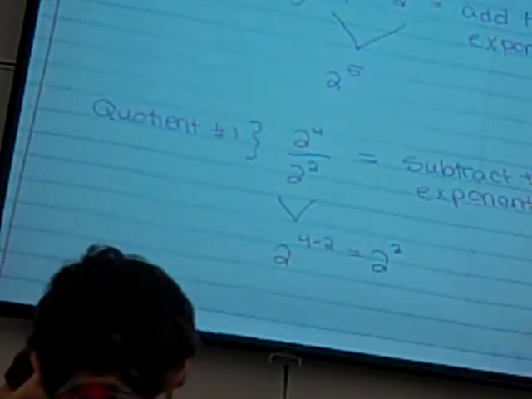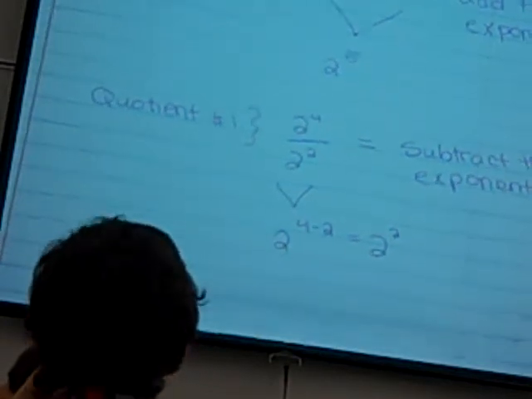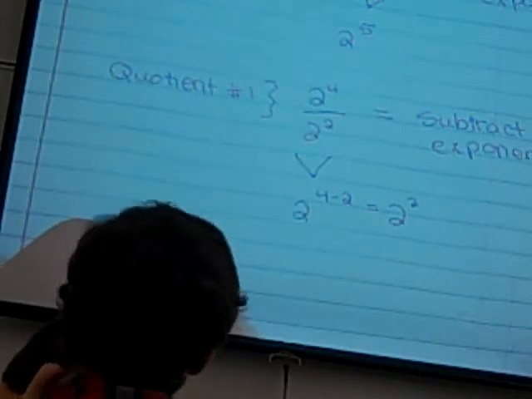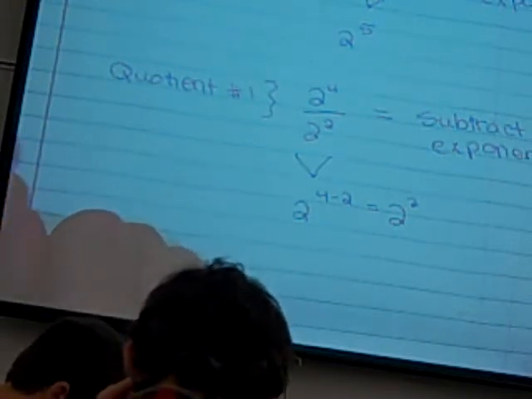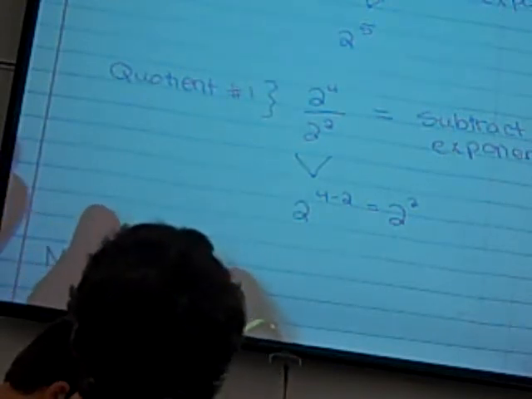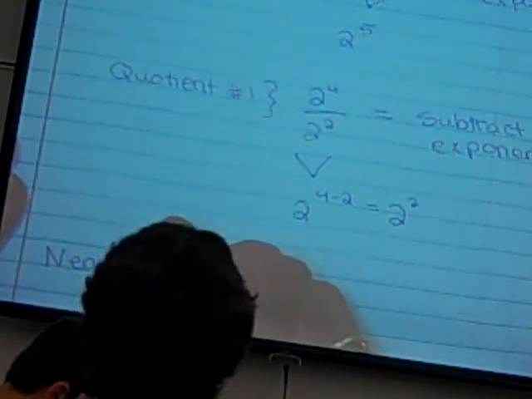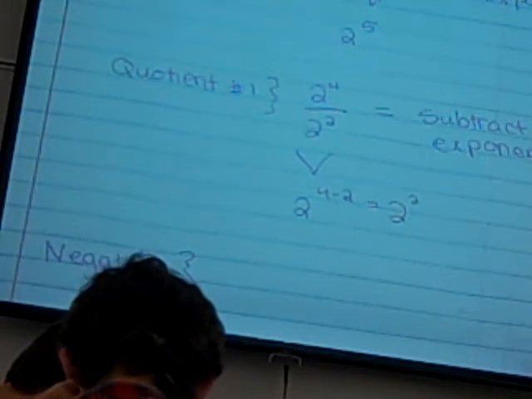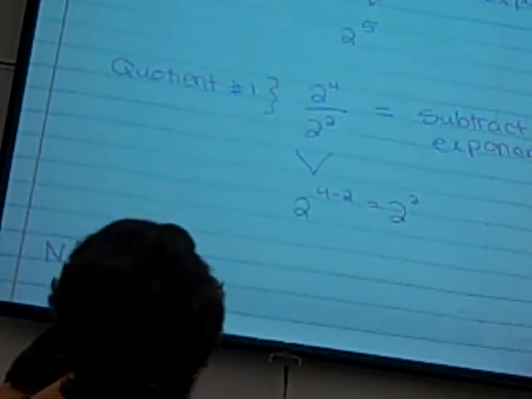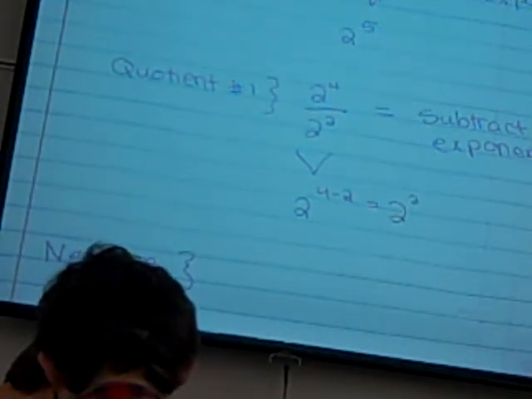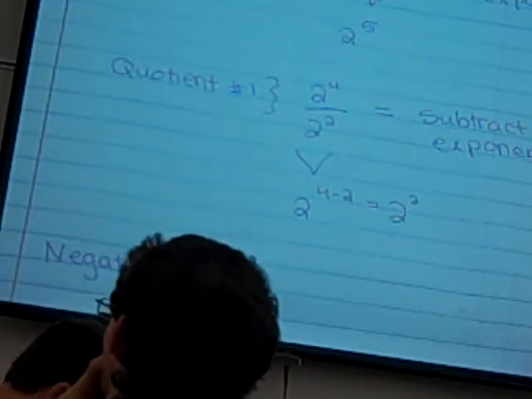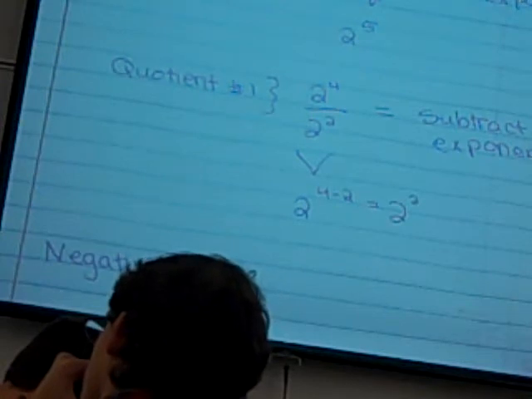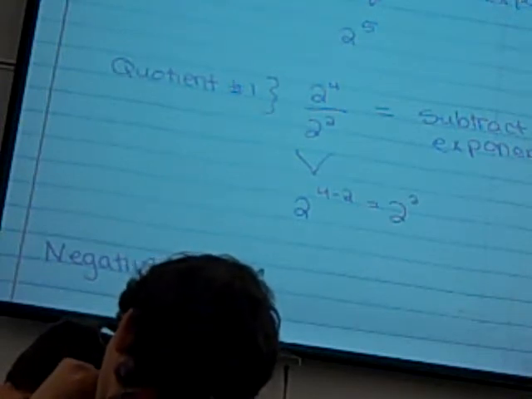The third property that we talked about is probably the trickiest one in your mind. So let's talk a little bit more about that one. And that is the negative exponents property. I say in your mind because it doesn't make sense. When you think of a negative, you don't typically flip things, right? You change the sign. But a negative exponent has nothing to do with positive or negative answer.